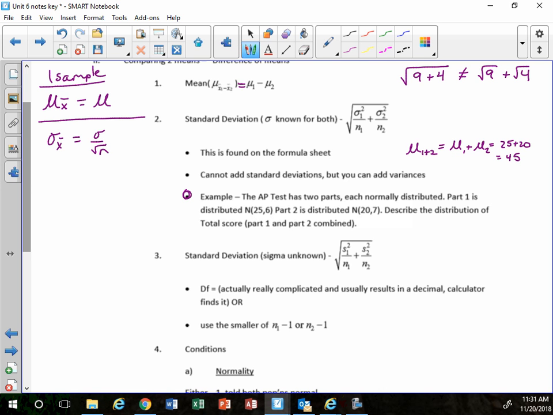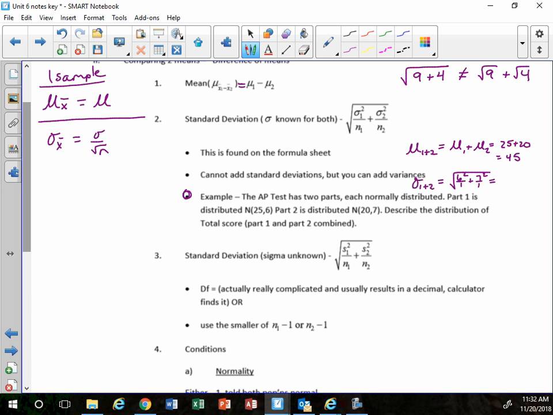But if I wanted to do the standard deviation of that combination, I can't just do 6 plus 7. Okay, you have to actually do the formula. So it'd be 6 squared over 1, because we don't actually have a sample size here, plus 7 squared over 1.